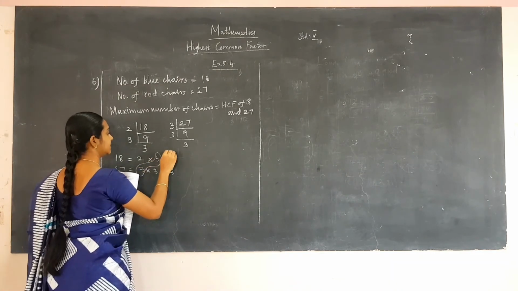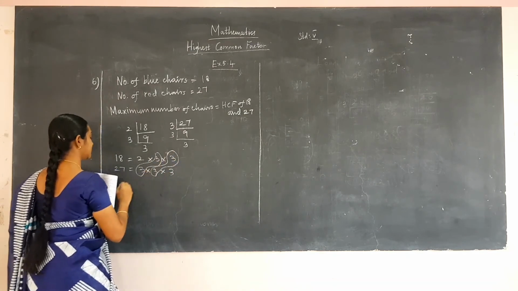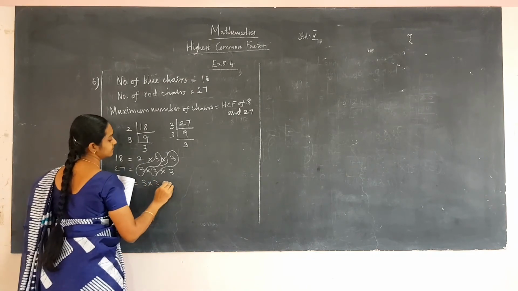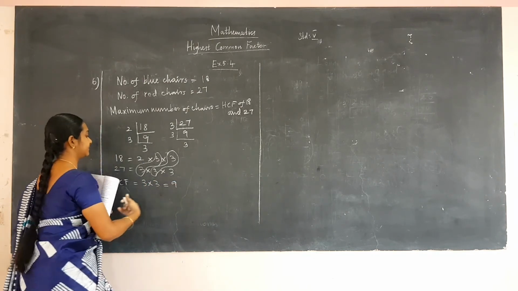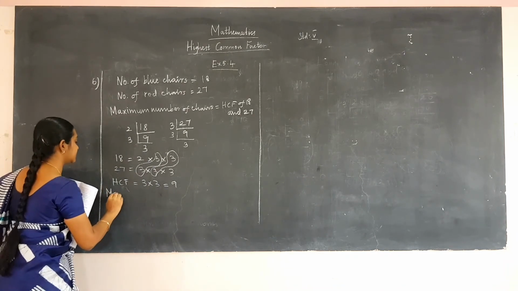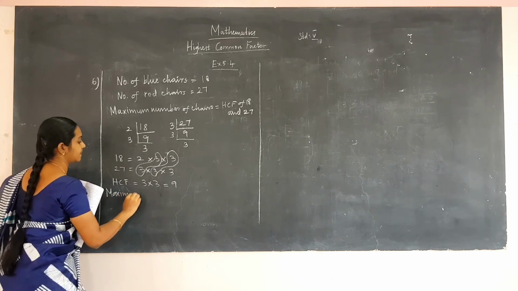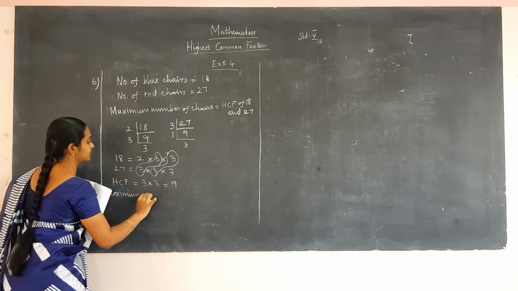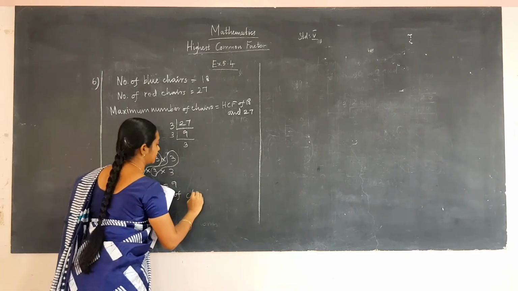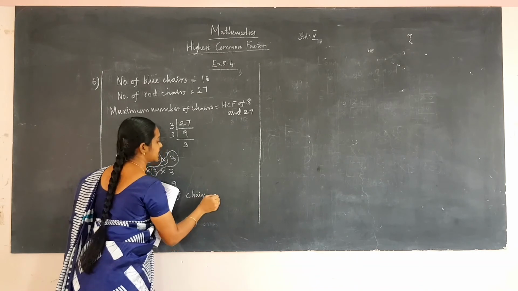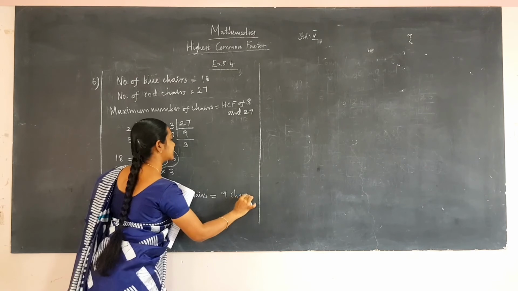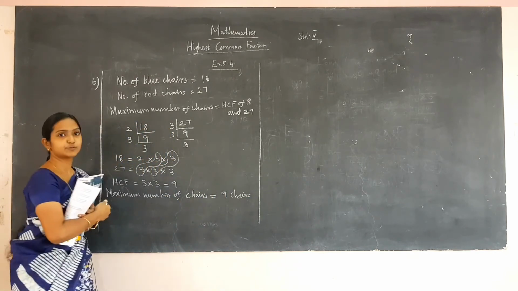One 3 is common here, again a 3 is common here. So HCF equal to 3 into 3, that is 9. So maximum number of chairs equal to 9 chairs. We have to find how many rows.